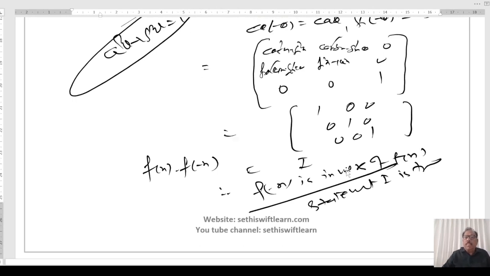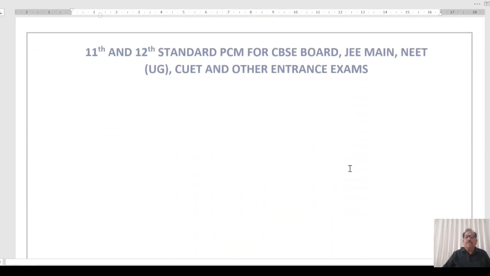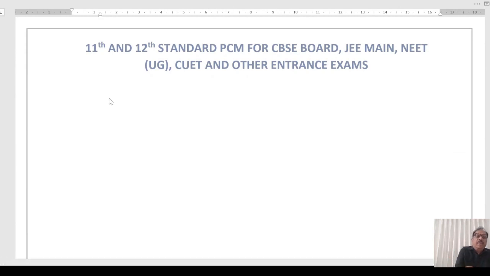Now the second: f(x) into f(y) equal to f(x plus y). I have to check whether it is correct or not.